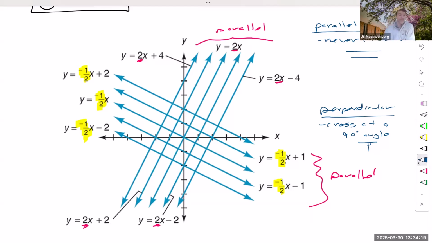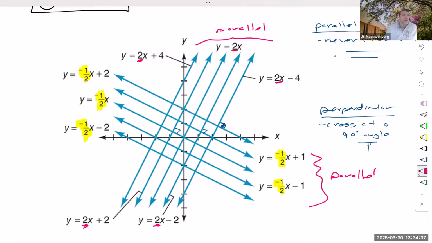But what we also have are 2 sets of perpendicular lines. Because if you look at how these lines are crossing each other, they all do cross at a perfect right angle, a perfect 90-degree angle. These are all right angles.